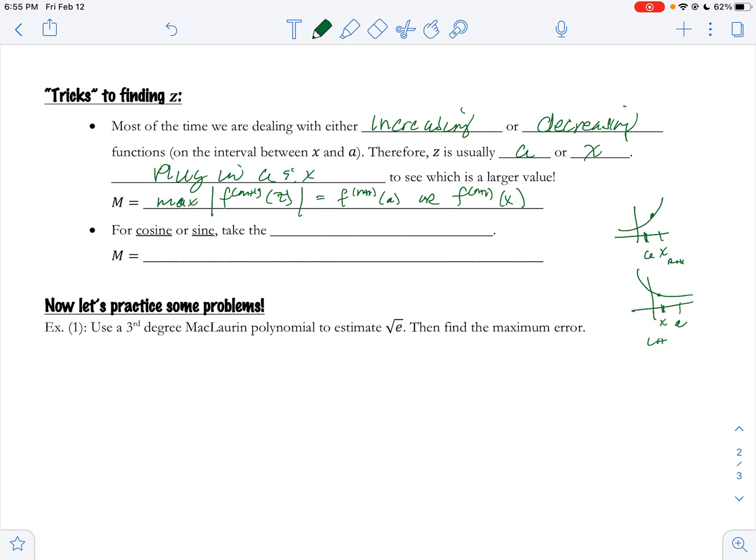So that's going to be your maximized value. You have to figure out which one it is.